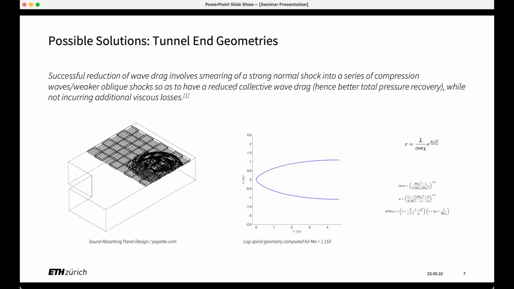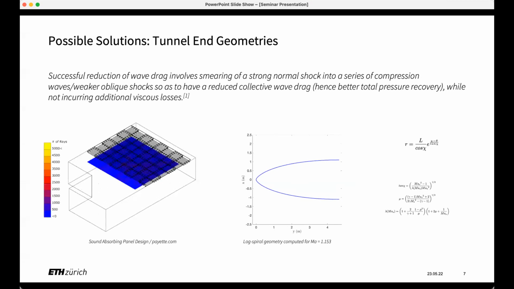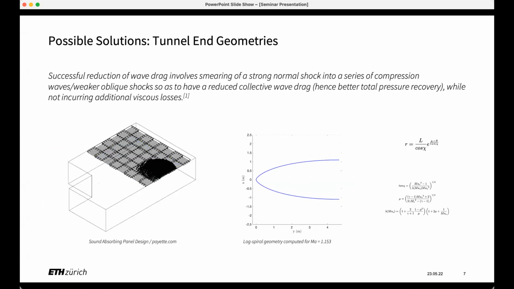So here are some examples of ways that we're trying to mitigate this effect. In essence, in order to reduce the wave drag that we're experiencing, what we need to do is smear or dissipate that shockwave into a series of weaker shockwaves.